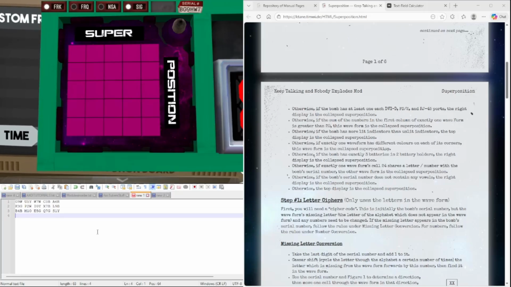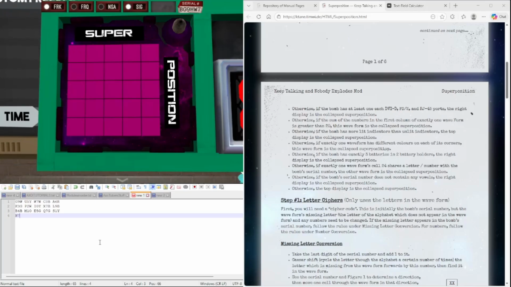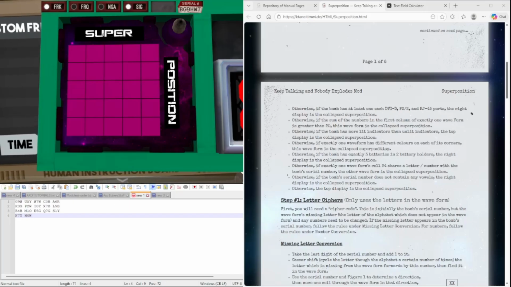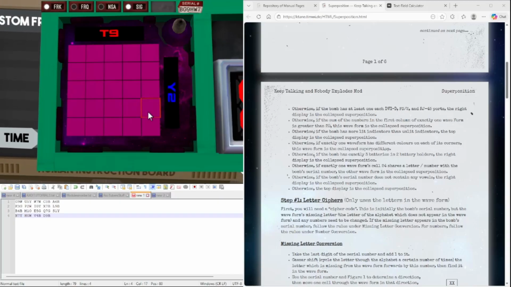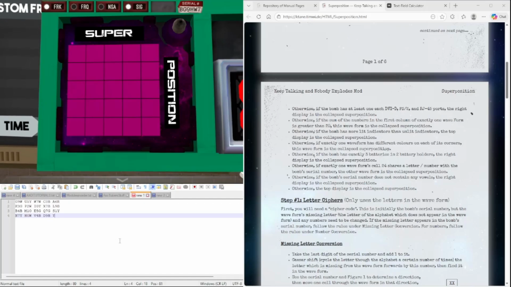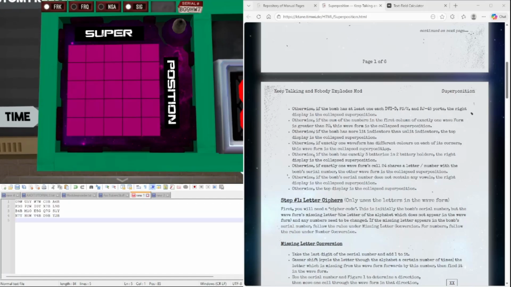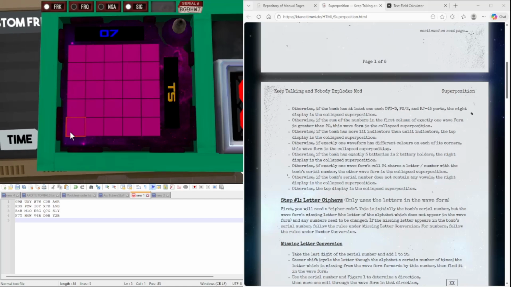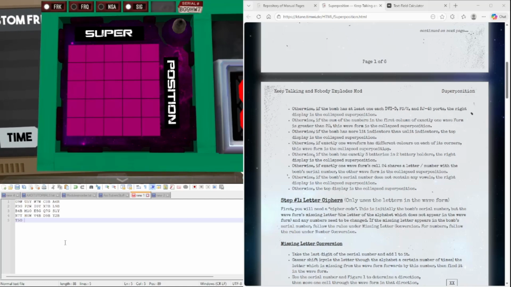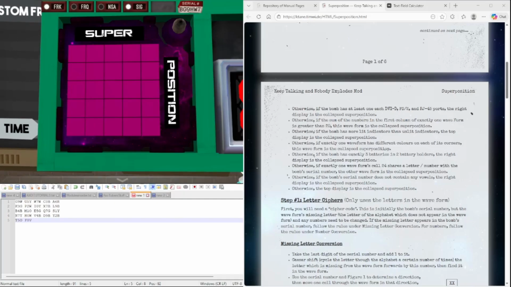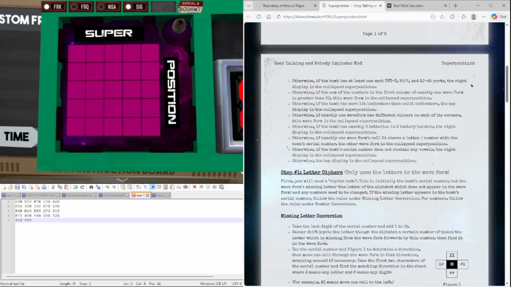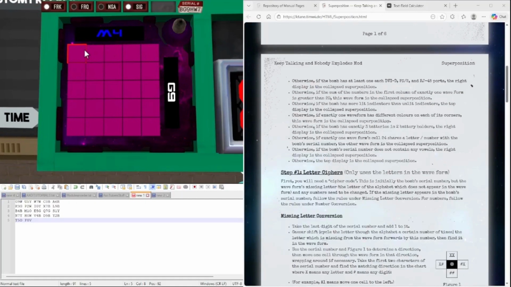S1 yellow. N7 yellow. H0 white. V4 blue. D9 blue. I2 blue. D5 orange. F8 purple. That's violet, they call it. Yeah. That's the only violet one we've had currently.